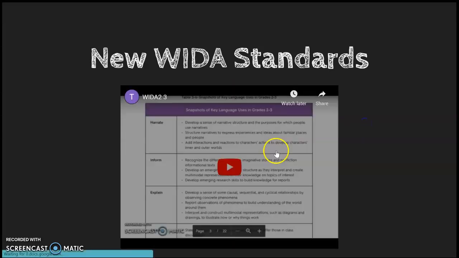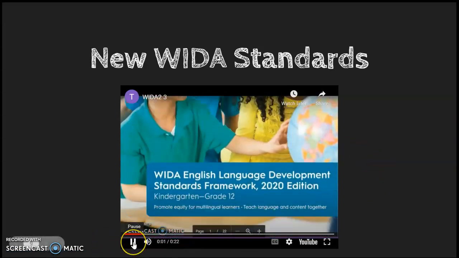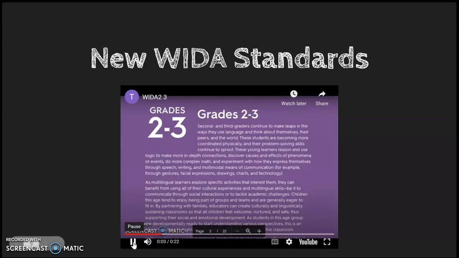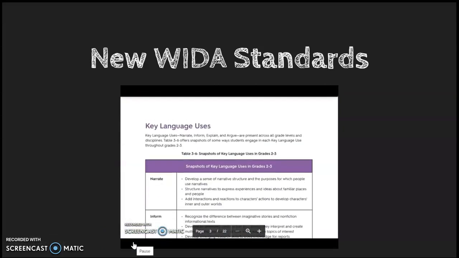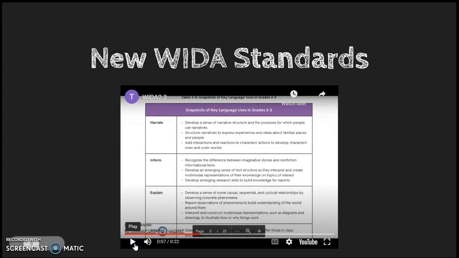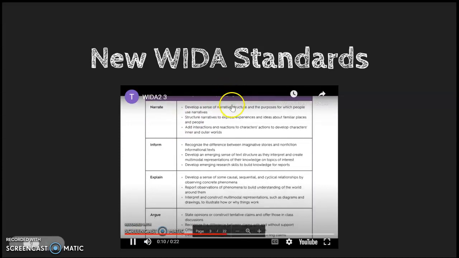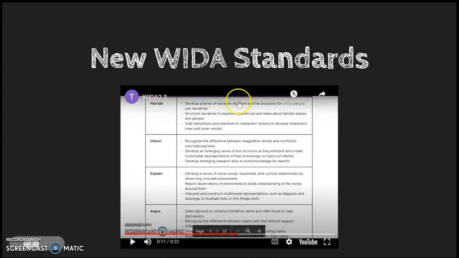And when you do, you'll see something that looks like this. All right, happy kids. Look, grades 2 and 3. Couple new terminologies. We're not doing can-do descriptors anymore. We've got language.